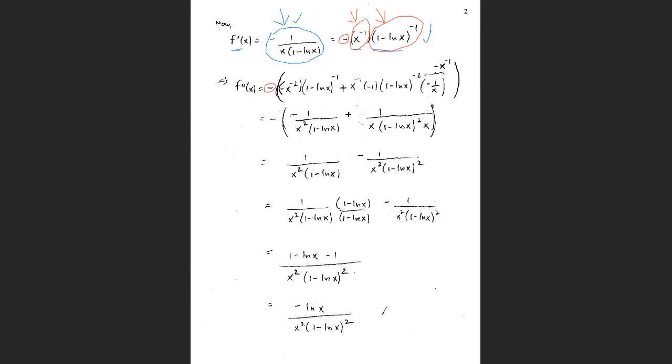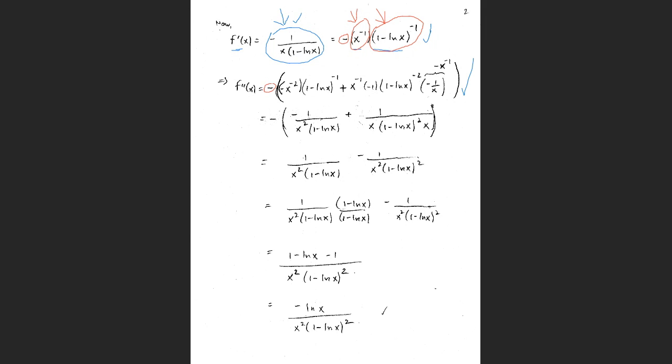Okay, so a lot of derivatives going on there, but what are we using here to get our answer? What rules did we use? We used the product rule, and then we had the derivative of x to the negative first.